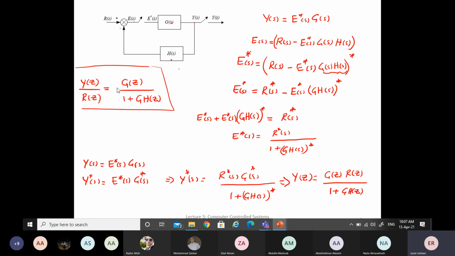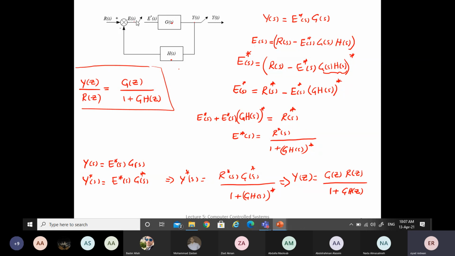Y of Z over R of Z equals G of Z. You can split that signal or get it in discrete form on its own, over 1 plus the feedback, which became GH, and you take the Z transform of all of it.